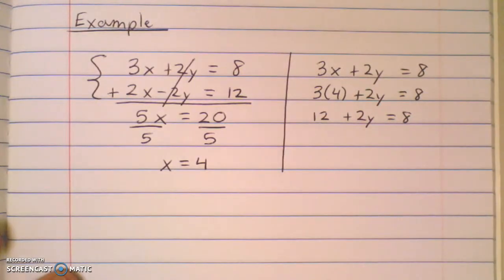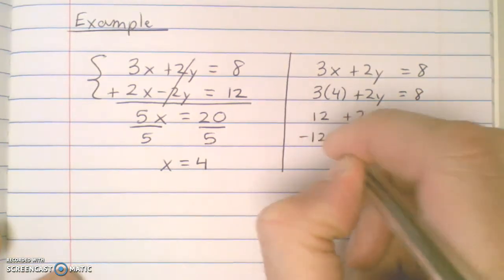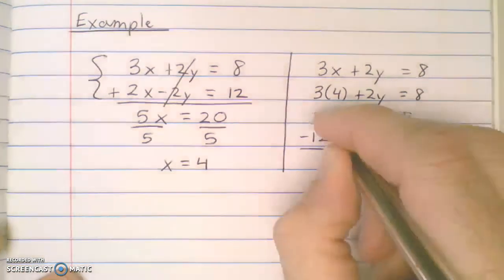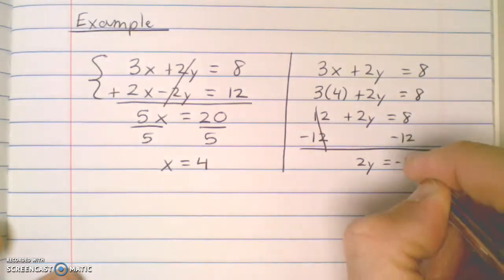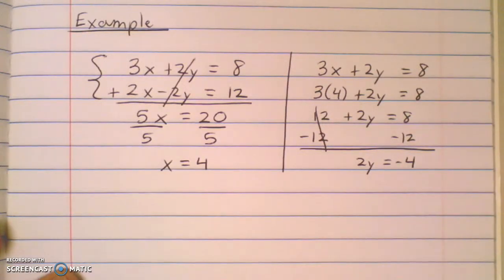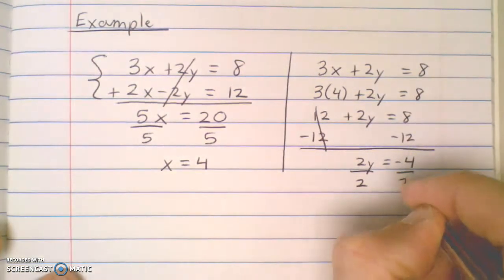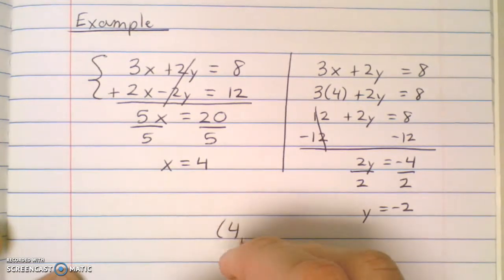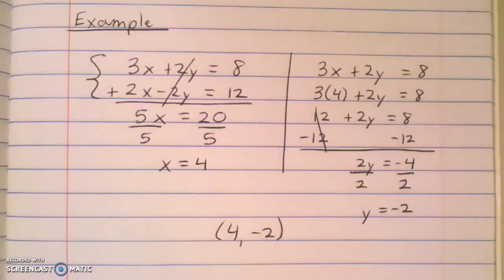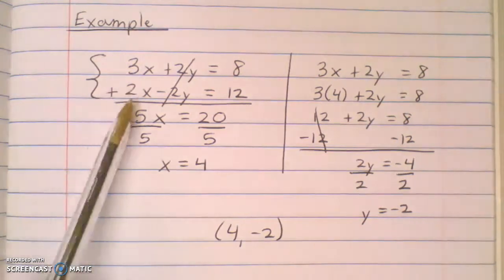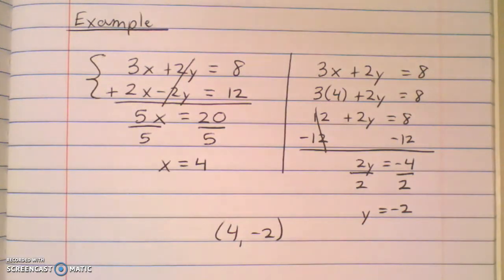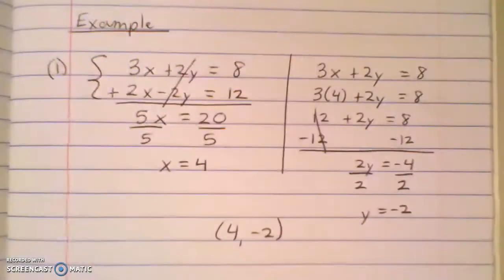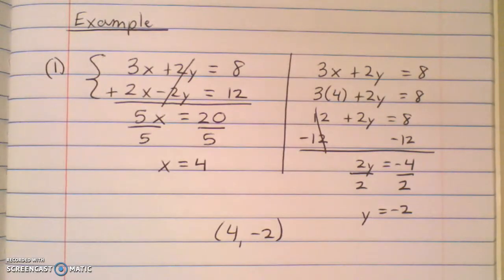To solve for y, I can subtract 12 on both sides and get 2y equals negative 4. And then divide both sides by 2, y equals negative 2. So the solution here is 4, comma, negative 2. So when x is 4 and y is negative 2, that satisfies both equations. So we'll number this one number 1. And we'll try another problem.